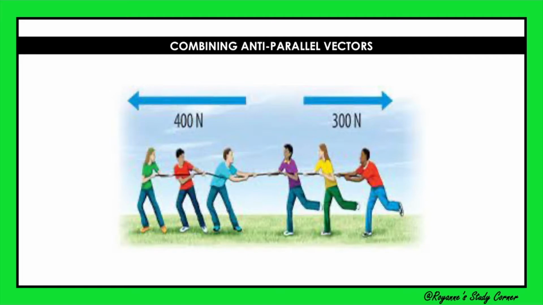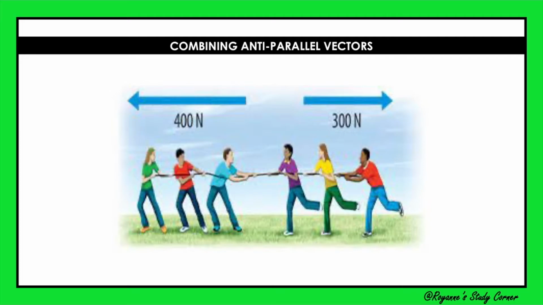So we would call one positive. In this case, let's say the first one that I'm seeing is 400 newtons. So the force that is moving opposite to that, I would put as a negative number. So then it becomes like we're adding directed numbers.